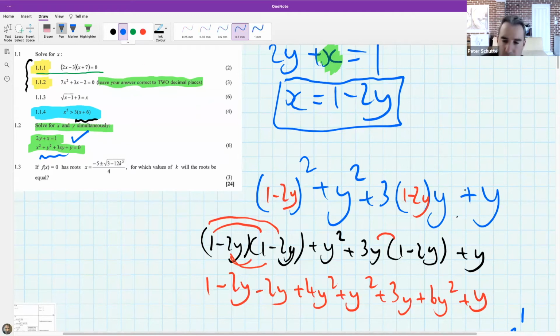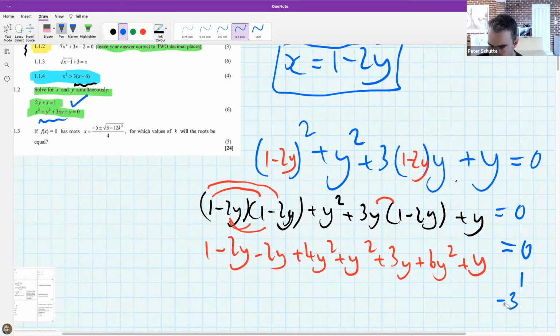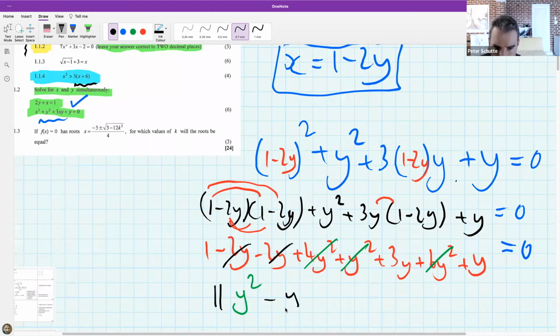I've left out my 0 here. Oh, this is a bit easier than I thought, actually, because this is going to be 0.